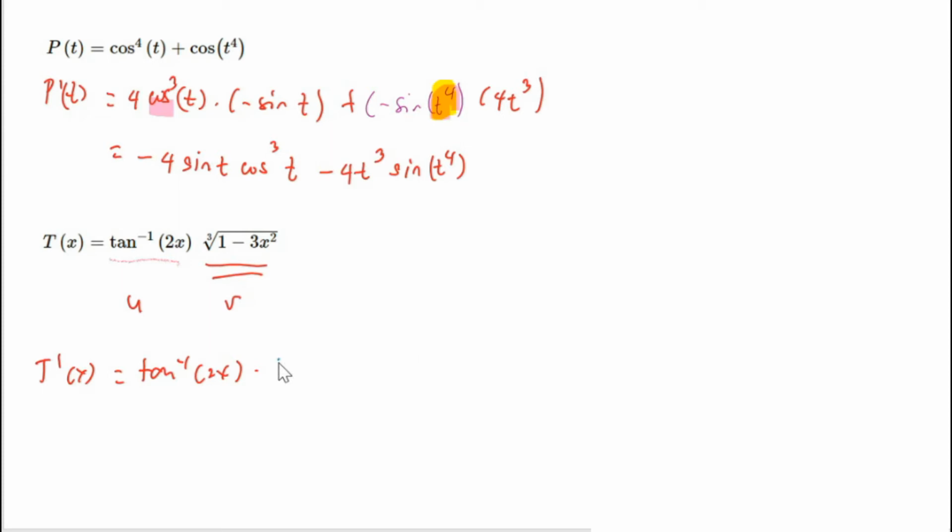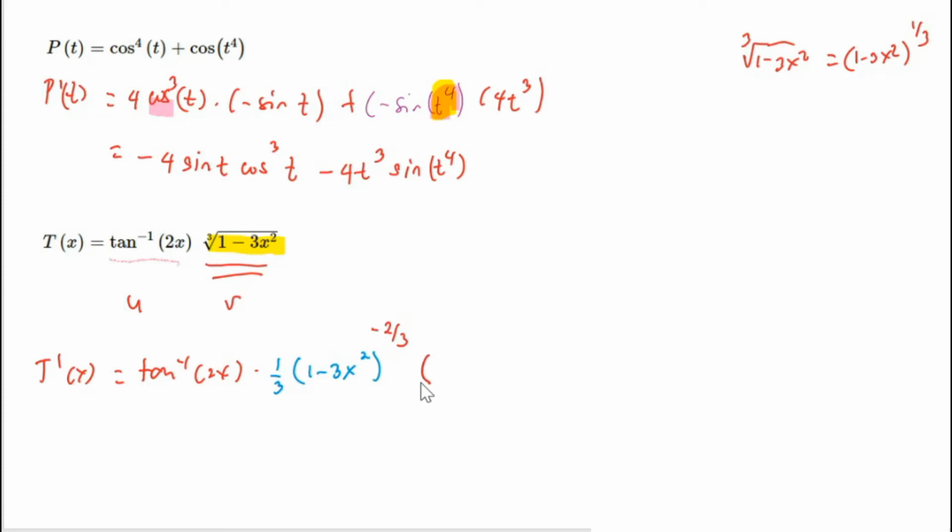So therefore, I will write first 1/3 times the quantity of 1 minus 3x squared to the power of 1/3 minus 1, which equals negative 2/3. So I have negative 2/3.